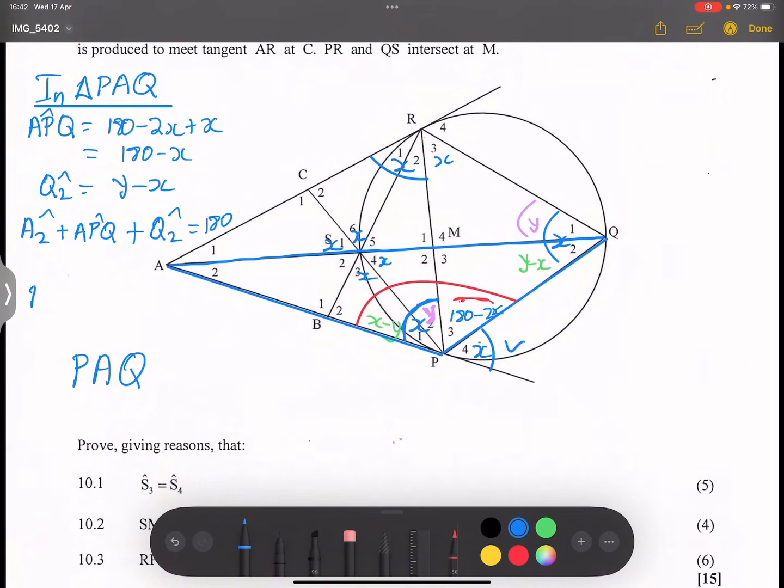So we're looking for angle A2. What would be the reason for that? These are sum of angles in a triangle. So now A2, this is what we're looking for, plus APQ, we said that's 180 minus x, plus Q2, this is y minus x.